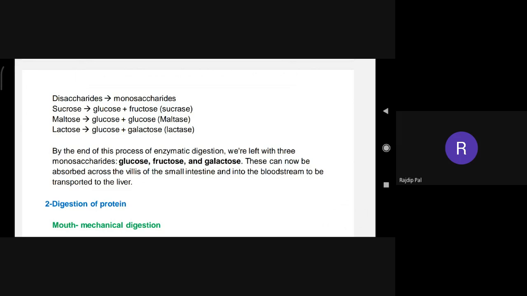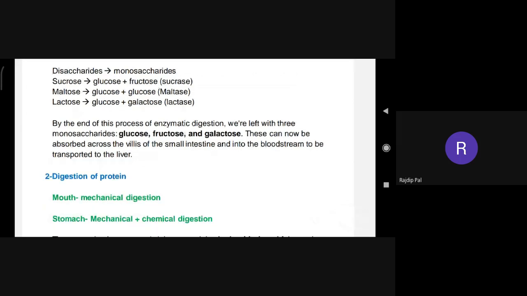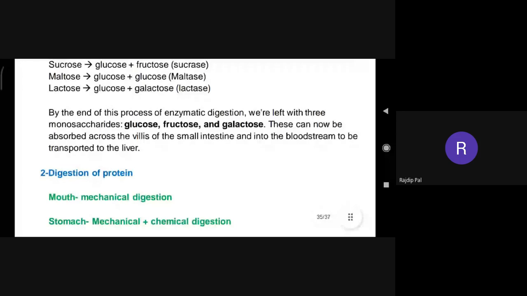You will also learn these things in diet and nutrition. So Sulema is disaccharides: sucrose, lactose, maltose. And these are the monosaccharides: glucose, fructose, galactose. By the end of this process of enzymatic digestion, we are left with three monosaccharides: glucose, fructose, and galactose.